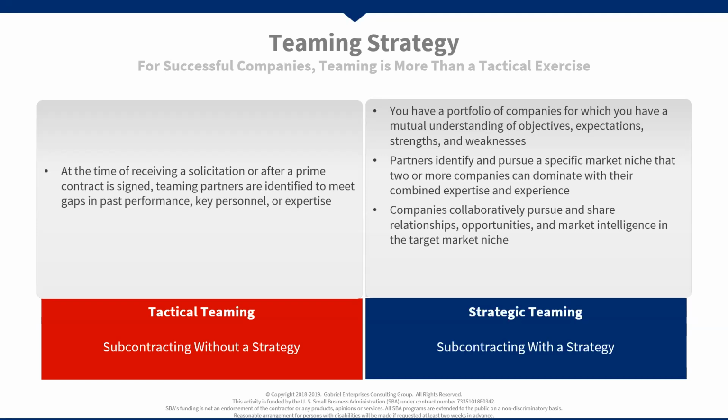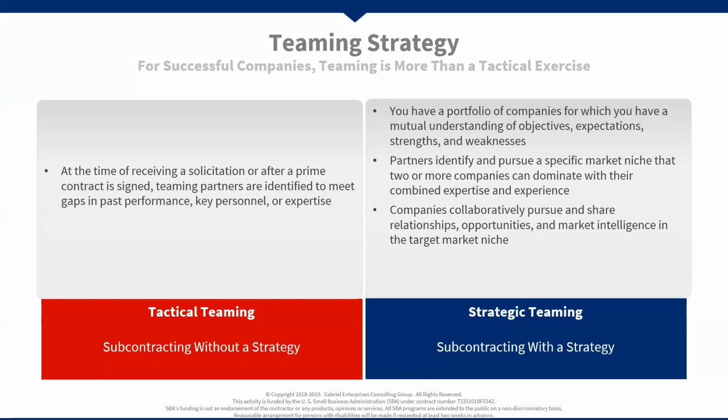Then the second type of teaming that we have here on the right side, strategic teaming. So this is subcontracting with a strategy. And in this case, you have relationships, shared goals, shared understanding of strengths and weaknesses for a portfolio of companies. So ideally here, I think you're pairing up, maybe you have one or two partners that you like to work with for a given client and one or two for a specific technical area.